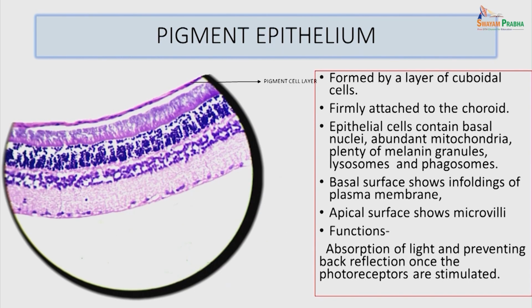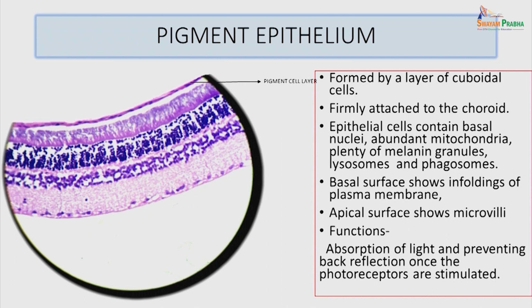Coming to the first layer, which is the outermost layer, pigment epithelium, it is formed by a layer of cuboidal cells firmly attached to the choroid. Epithelial cells contain basal nuclei, abundant mitochondria, plenty of melanin granules, lysosomes and phagosomes.